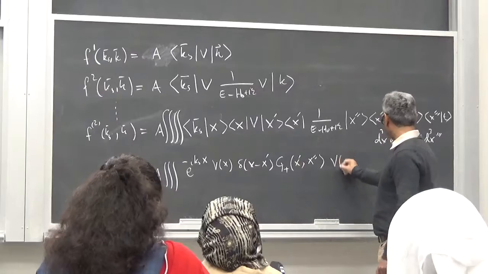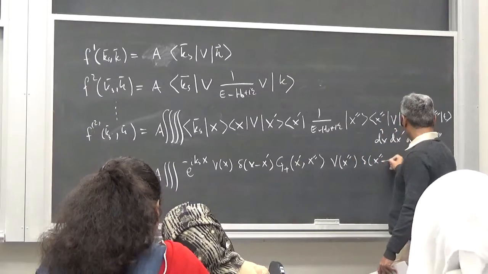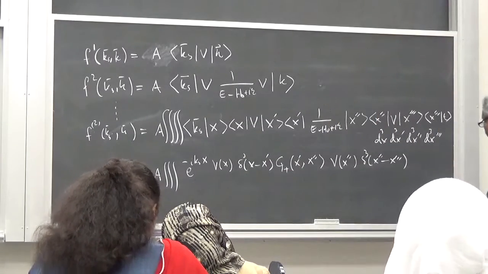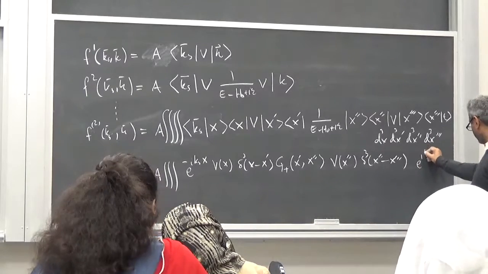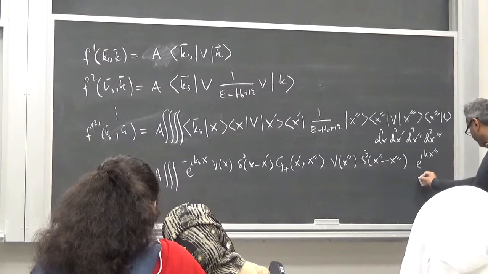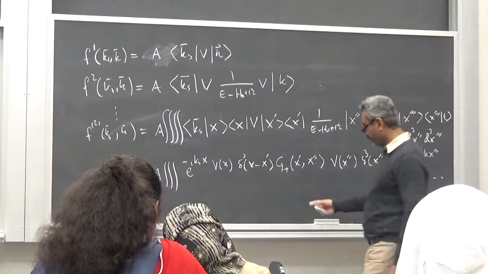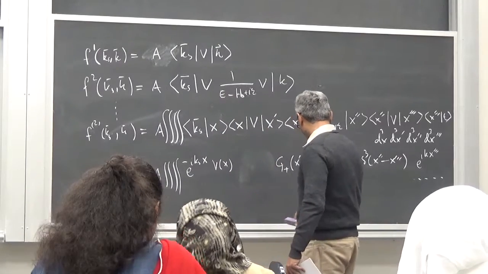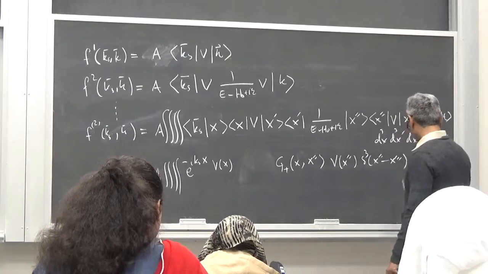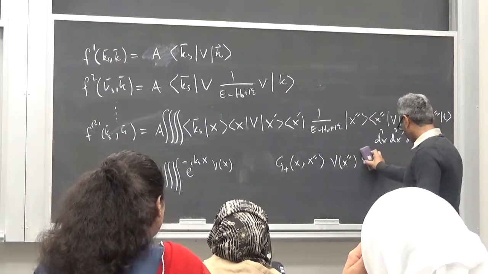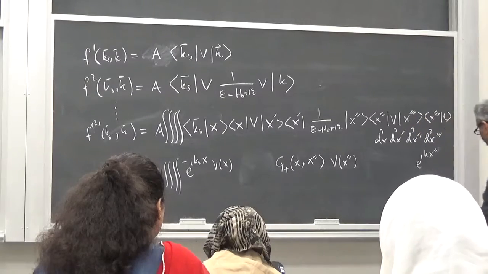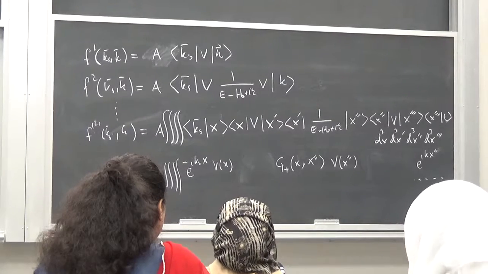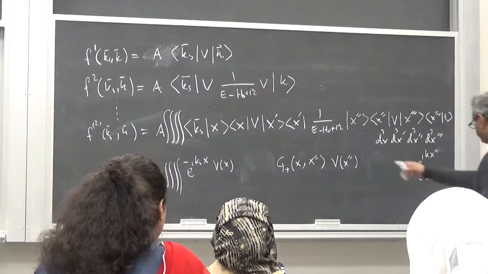This, and then v of x double prime, delta of x double prime minus x triple prime. These are all delta functions, if you want. And then e to the I k x triple prime, and then for these, this goes away, and x prime becomes x, and this goes away, and this becomes x double prime. Okay. Where's another v? What happened to another v? Oh, there are two v's.